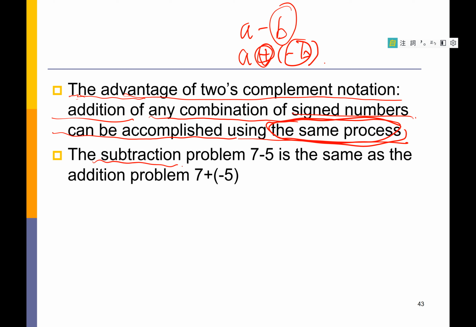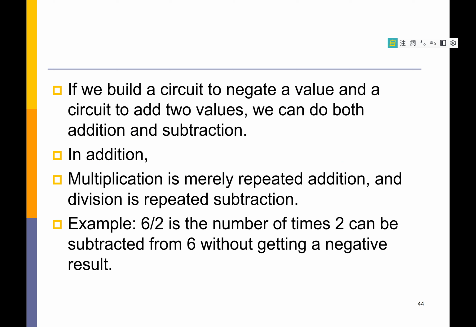So two's complement notation, this is one of its advantages. So here is a subtraction problem of 7 minus 5, which is the same as what? As the addition problem of 7 plus minus 5. Okay? So the same circuit, or the same algorithm, or the same IC design can do both addition and subtraction. Now, if we can build a circuit that can negate a value, what does negate mean?